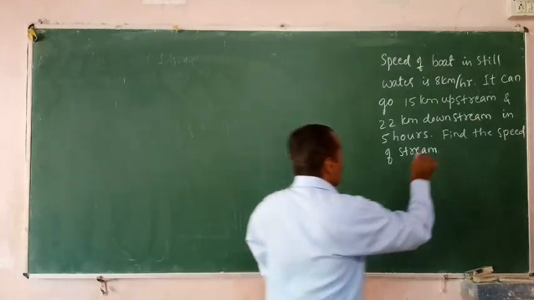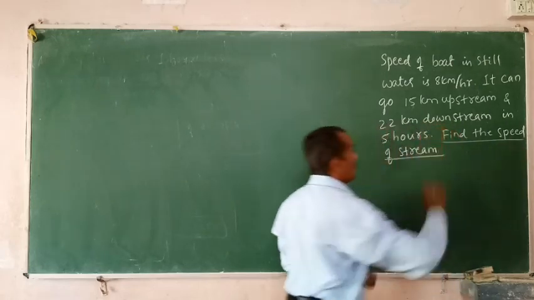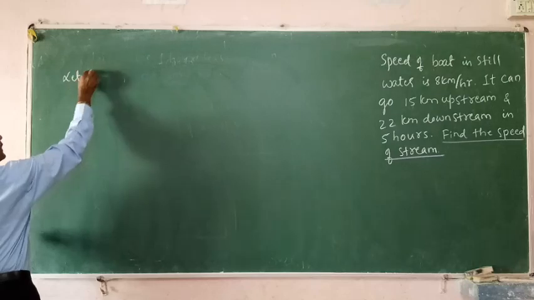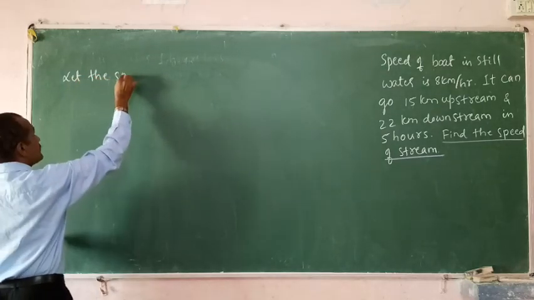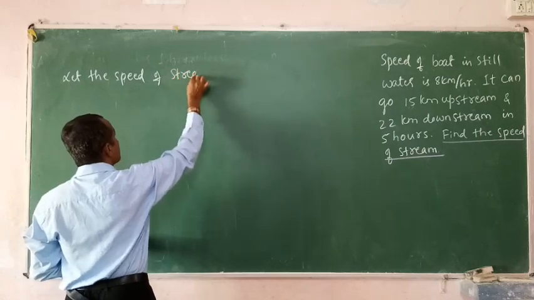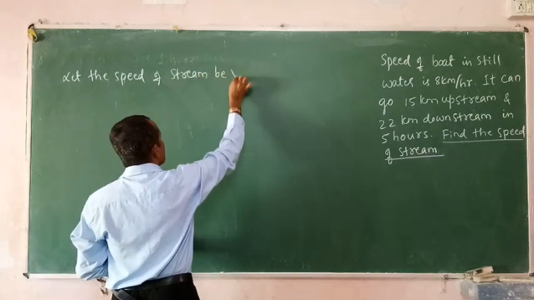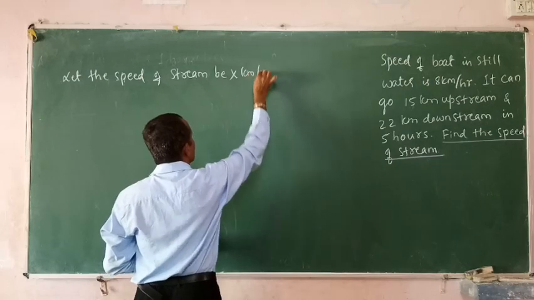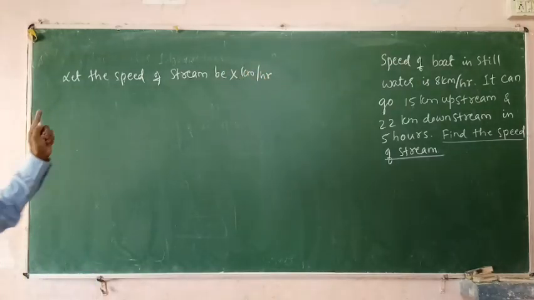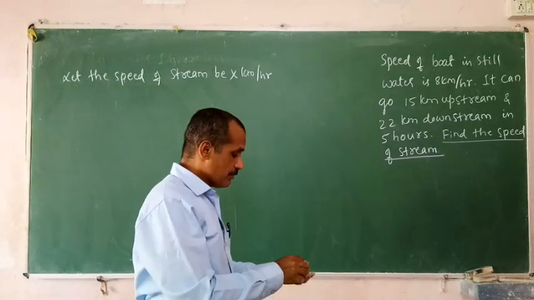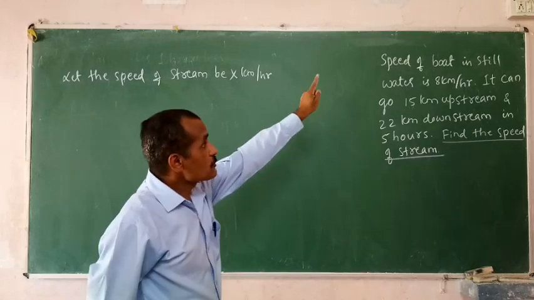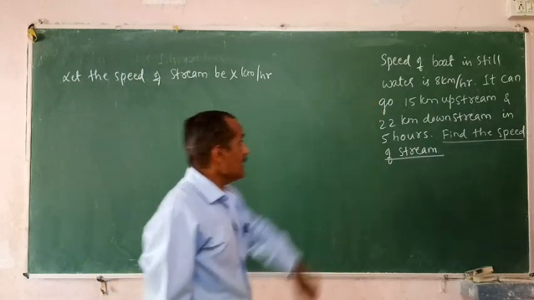What do they ask me? Find the speed of the stream. So how to start? Let the speed of the stream be x kilometer per hour. Now, the speed of the boat is 8 kilometer per hour.